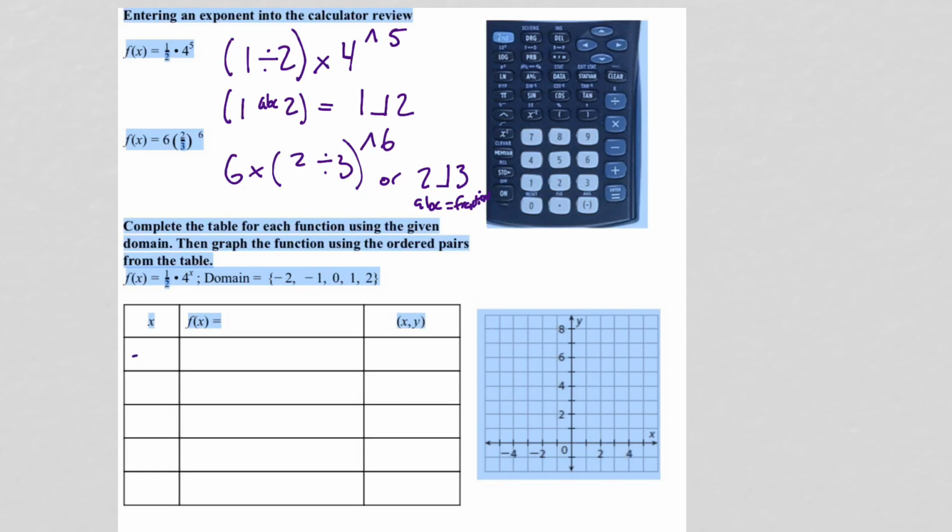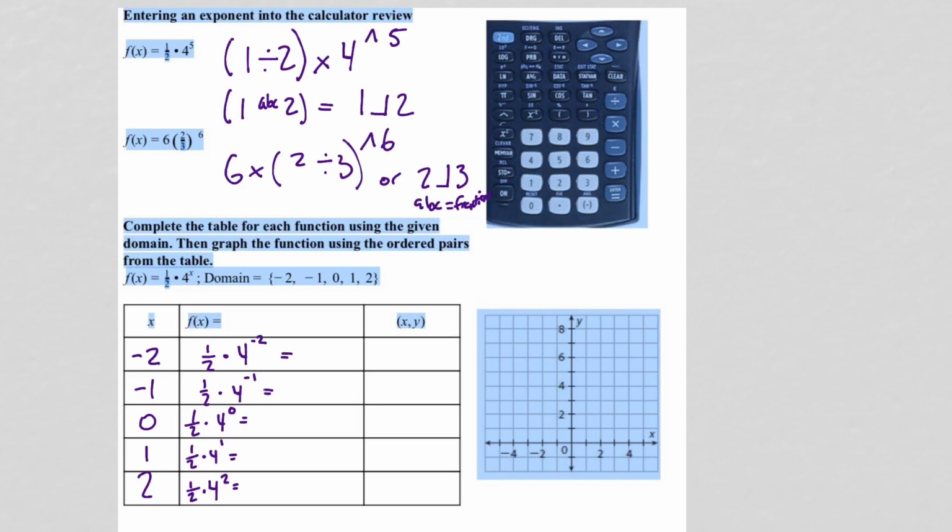So if x is -2, or x is -1, or x is 0, or x is 1, or x is 2, it's going to be 1/2 times 4 to the -2, and 1/2 times 4 to the -1, and 1/2 times 4 to the 0, 1/2 times 4 to the 1, 1/2 times 4 squared.